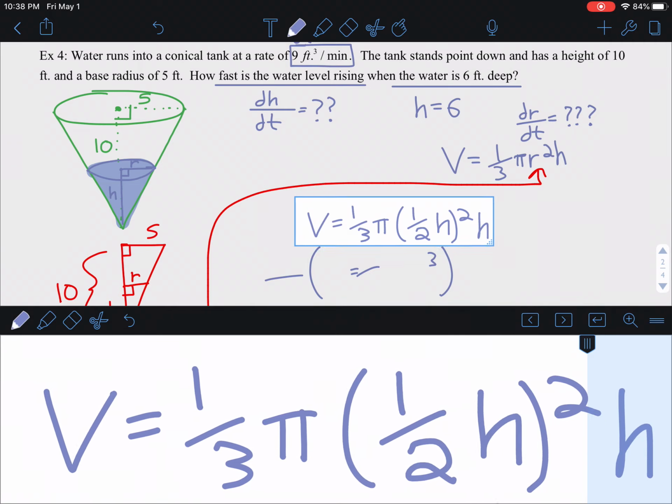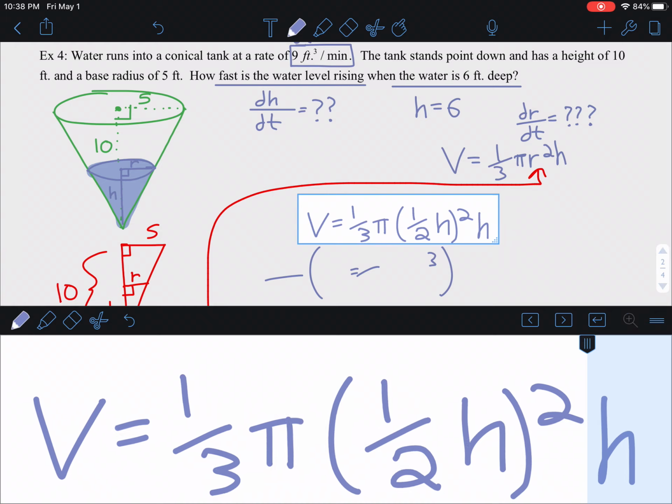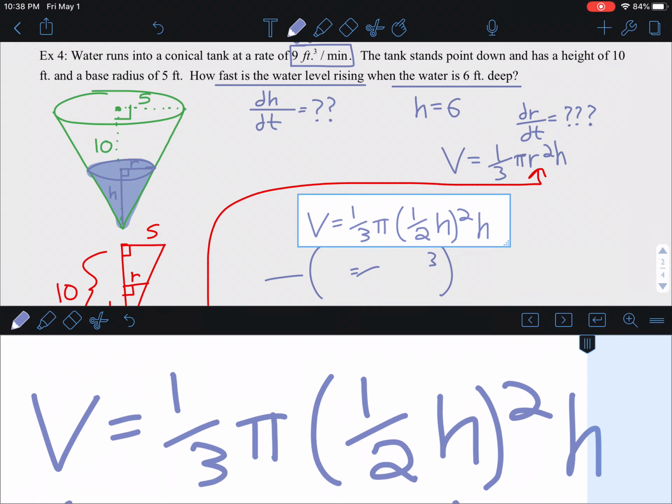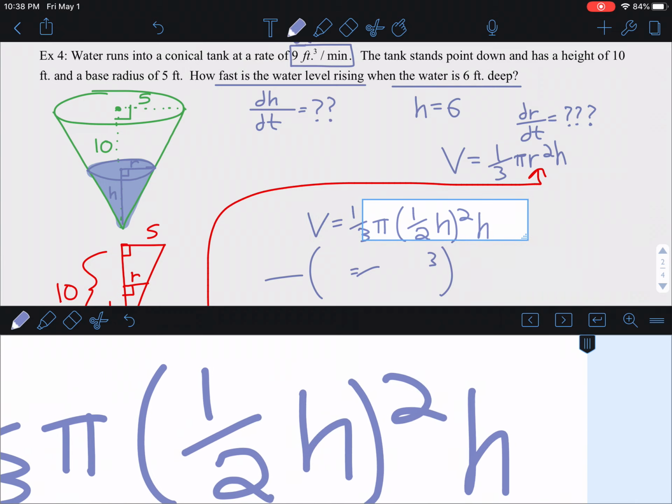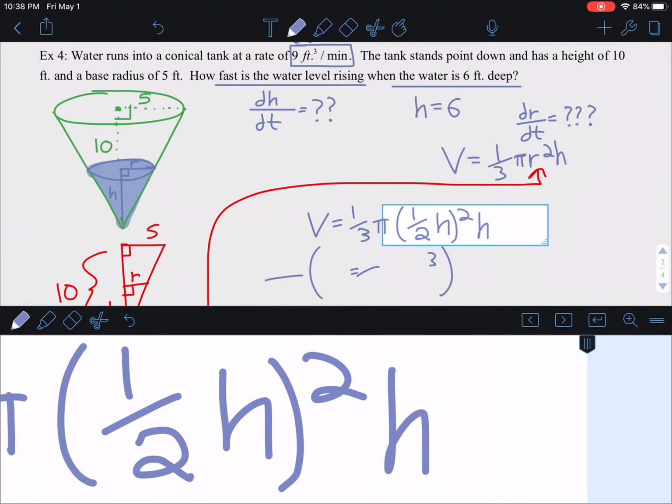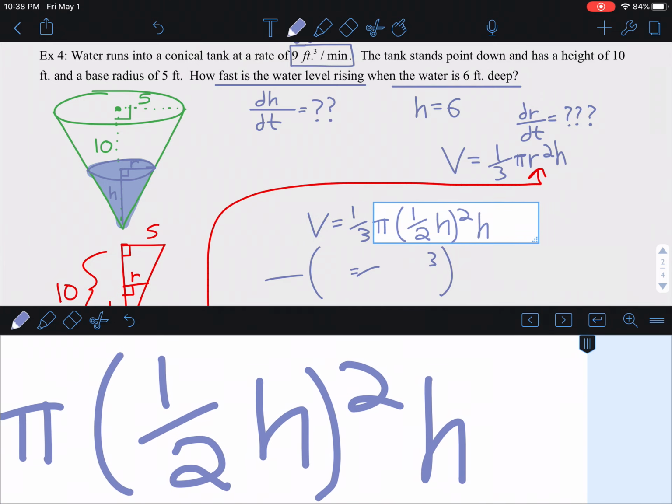Okay? And now a lot of people will look at this and go, oh, great, now I can take the derivative, right? No, do not take the derivative of this yet, please. Instead, what you can do is simplify, because if you don't simplify, you're doing chain rule and product rule, and you're making your life harder.